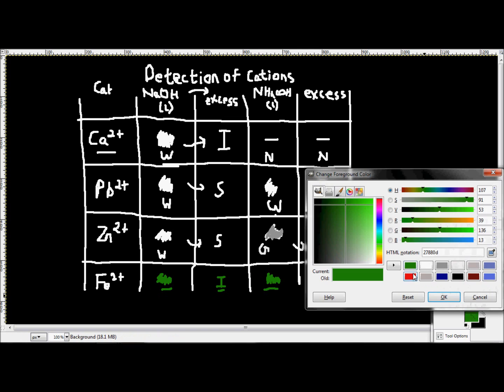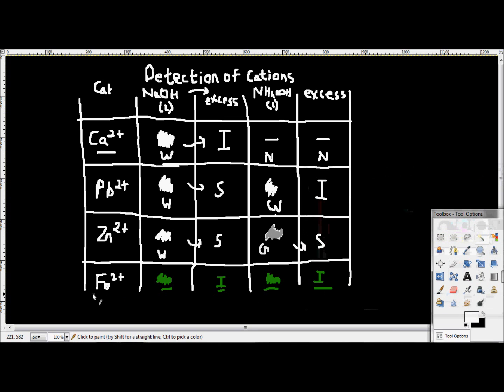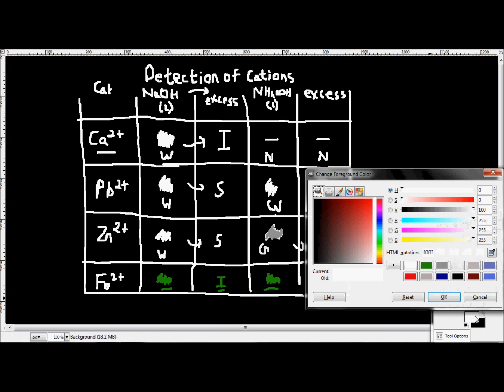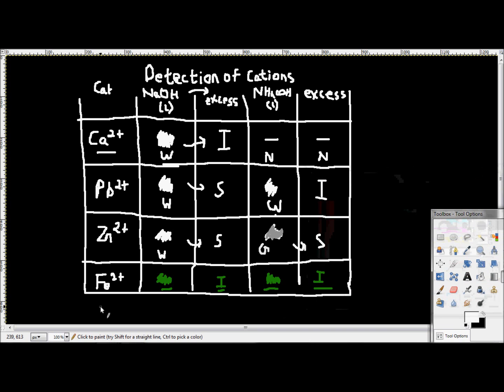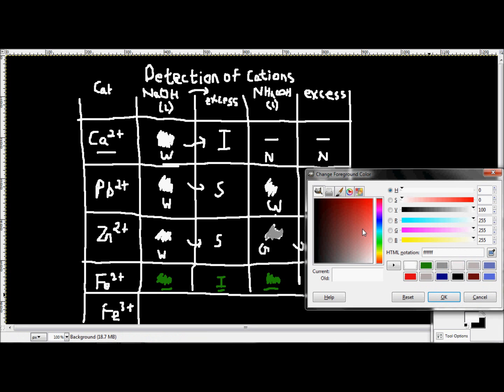Then the next cation is Fe3+. Remember that Fe has two valencies, 2 and 3. So now we're going to do Fe3+. So Fe3+ in a few drops of NaOH will give you reddish brown precipitate.